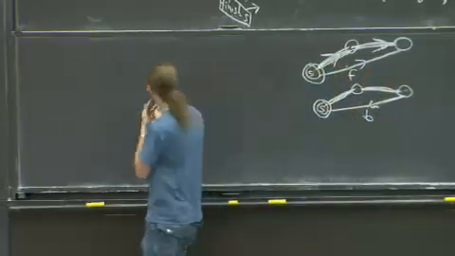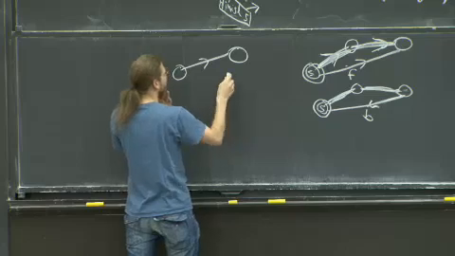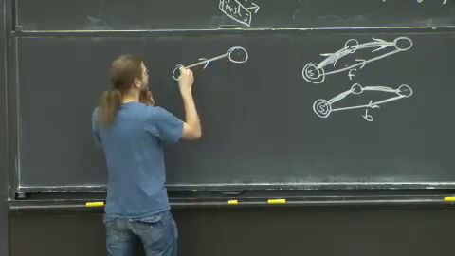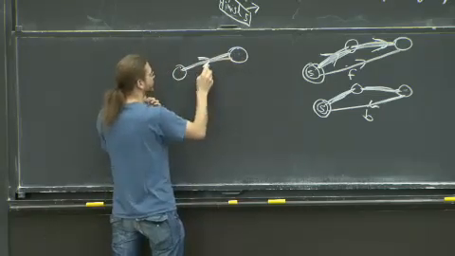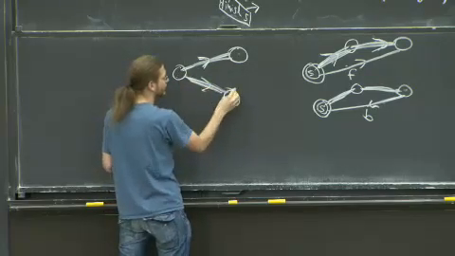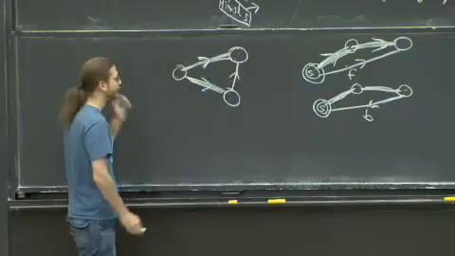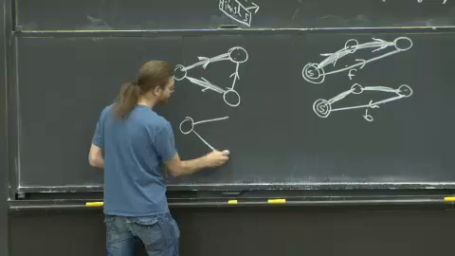Let's try to draw this. So a cross edge, the typical scenario would be you go here, you follow this edge, you backtrack, you follow another edge, and then you discover there was an edge back to some other subtree that you've already visited. That can't happen in an undirected graph.